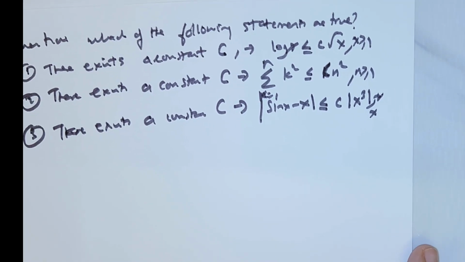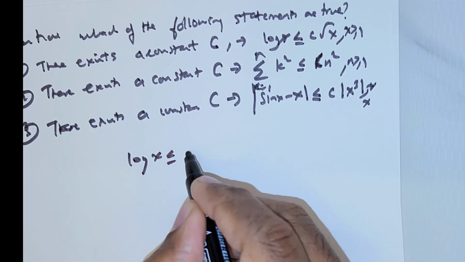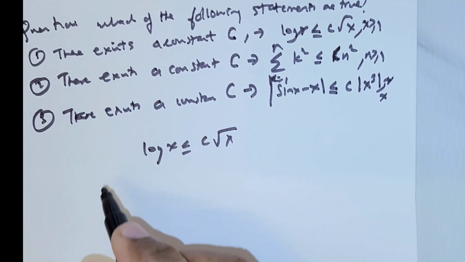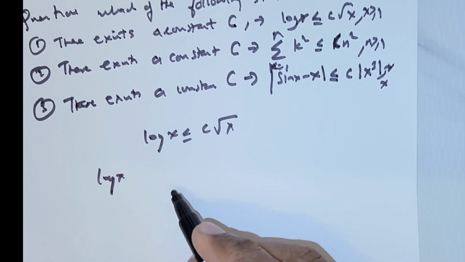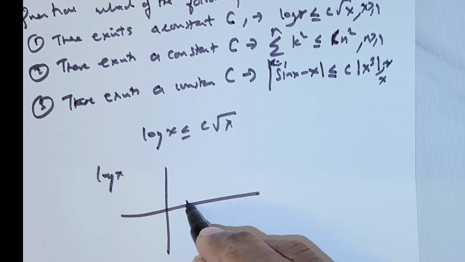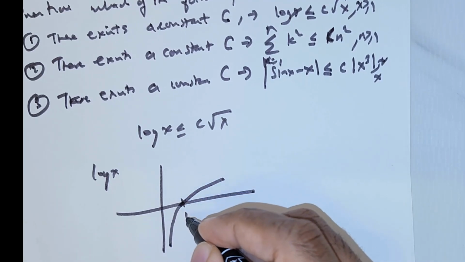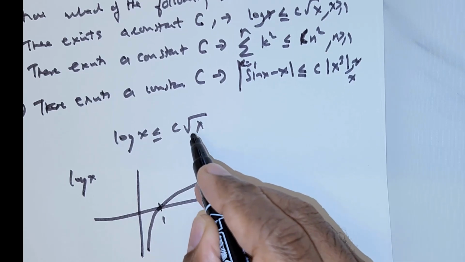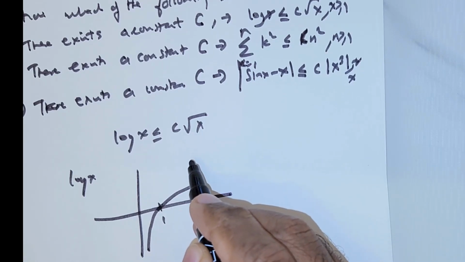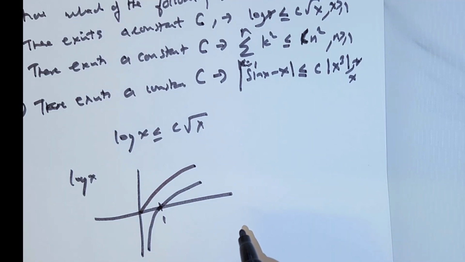Okay, so let's see the correct choice. Now we have been given log x is less than or equal to c times root of x. Now let me show you the graph of log x. This is going to be the graph of log x. The graph of square root of x is going to be like this.